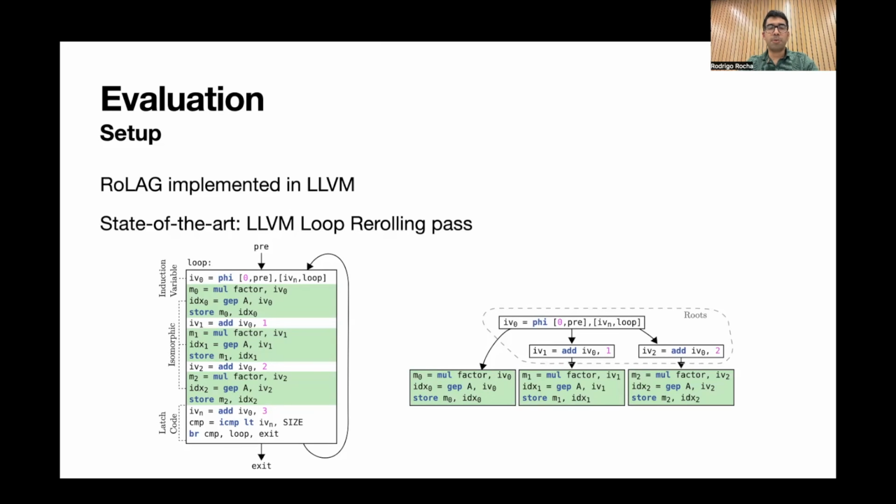We explained the loop re-rolling technique from LLVM in our paper in the background section, but in summary, it only works on loops that already exist and have been partially unrolled, and it works in a top-down manner, starting from the loop iterator, and then it finds the increments of the loop iterator, and then identifies the exact pieces of code that represent each one of the unrolled iterations.